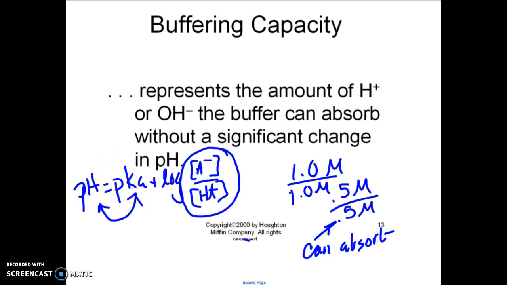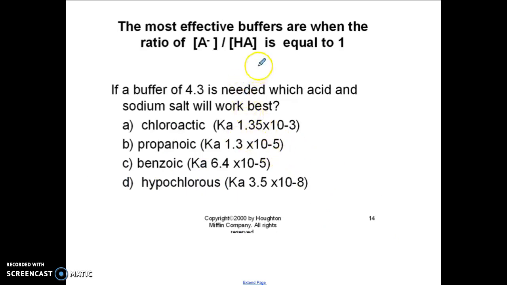That's what gives you the most effective buffer, so that it can respond to both a large amount of acid or a large amount of hydroxide. So the best buffers are when that ratio of A- to HA is equal to 1. That's also an important point to know.